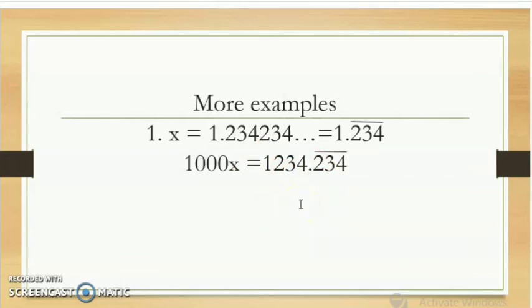So that is the idea. The idea is to take away or cancel out these repeating digits by multiplying with suitable numbers.